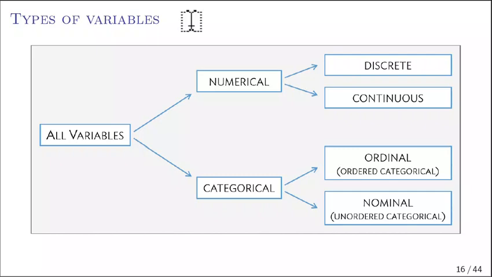Given a variable, we should know whether it is numerical or categorical. If it's numerical, you need to tell whether it is discrete or continuous. If it's categorical, whether it is ordinal or nominal. You are supposed to be able to do that after this.